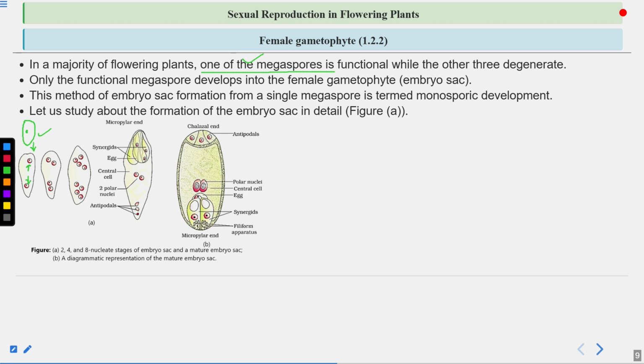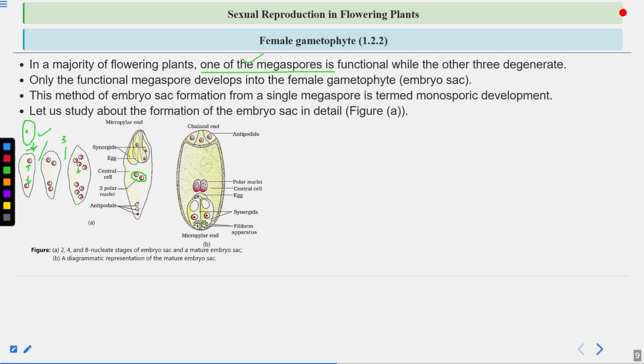From each pole, one of the nuclei moves to the center. One nucleus from the micropylar end moves toward the center, and one from the chalazal end moves toward the center. In that center, you can see the two polar nuclei. It can be asked whether it is three mitotic divisions in total. Yes, three mitotic divisions: the first, the second, and the third.